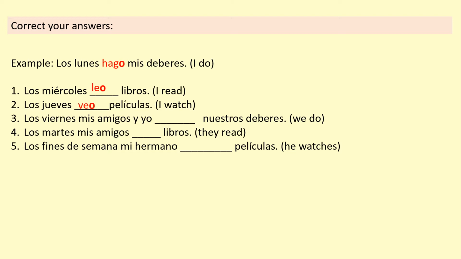Los viernes mis amigos y yo we do hacemos nuestros deberes. We do our homework. 4. Los martes, mis amigos, they read, leen libros. And 5. Los fines de semana, mi hermano, he watches, ve películas.